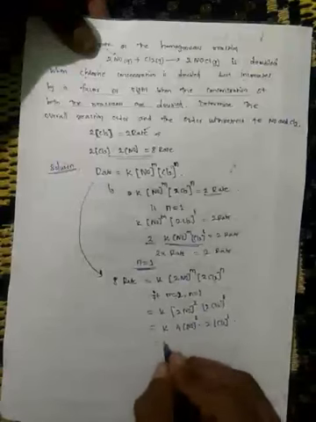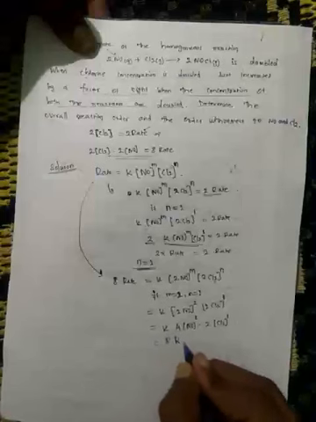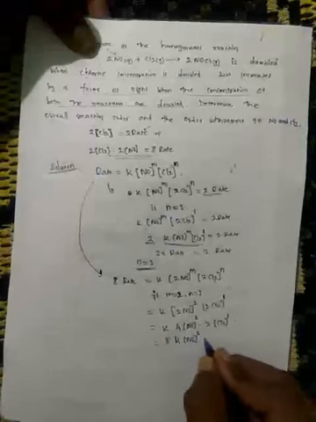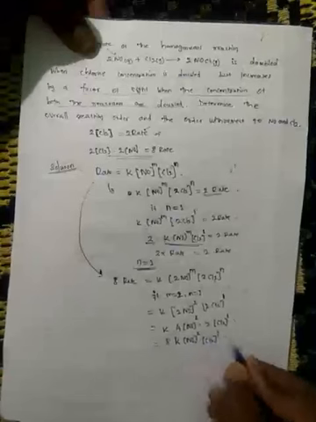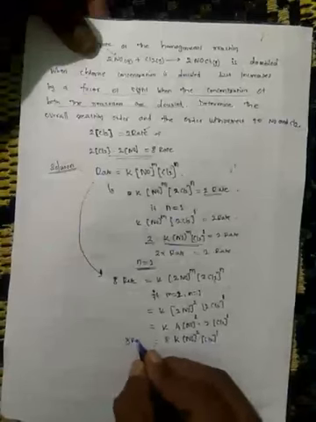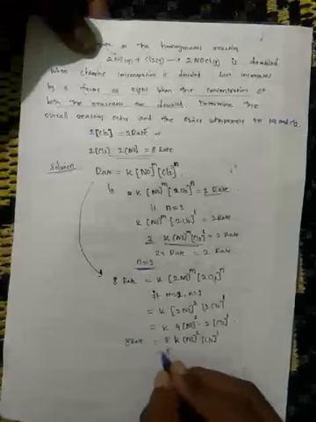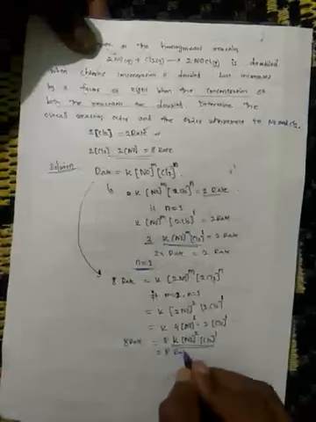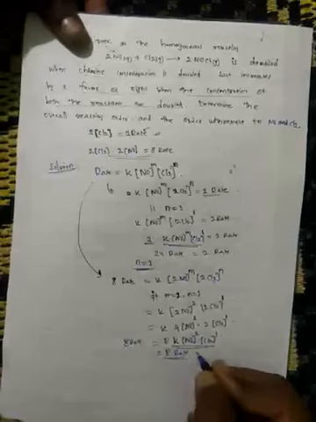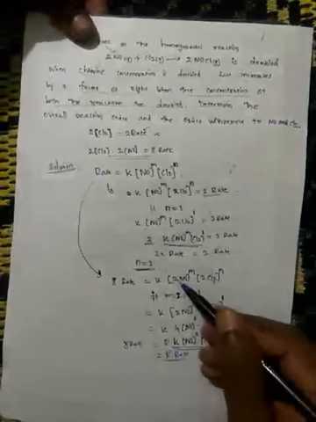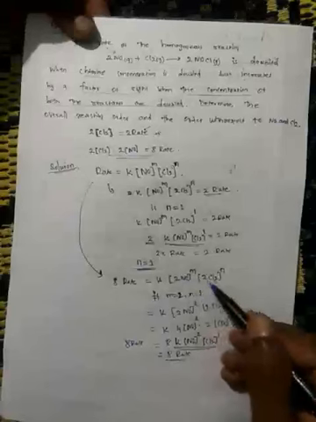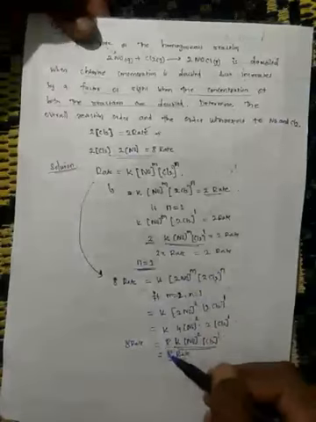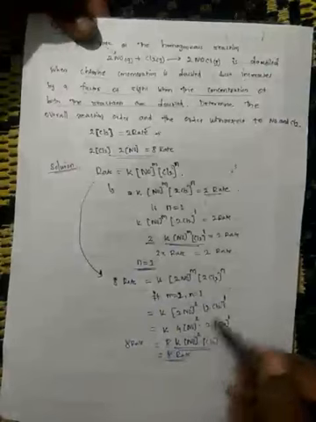This is 4 into 2, 8 K [NO]^2 [Cl2]^1. This is 8 times of rate. So therefore, when you double the concentration of NO and when you double the concentration of chlorine, the rate becomes 8 times.